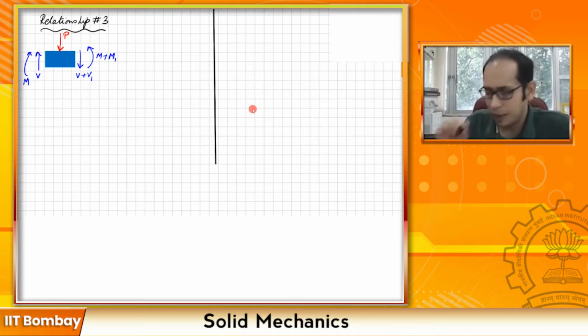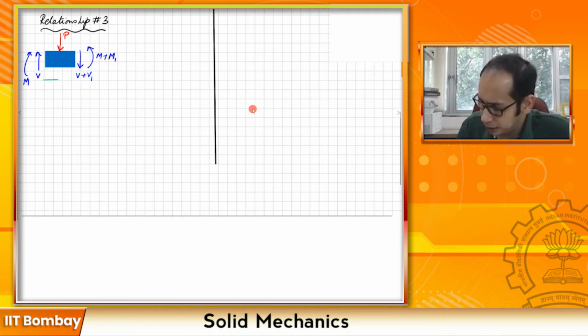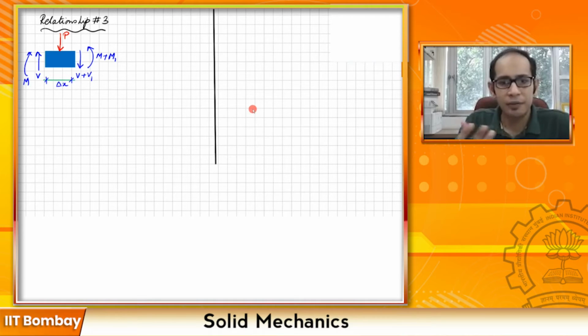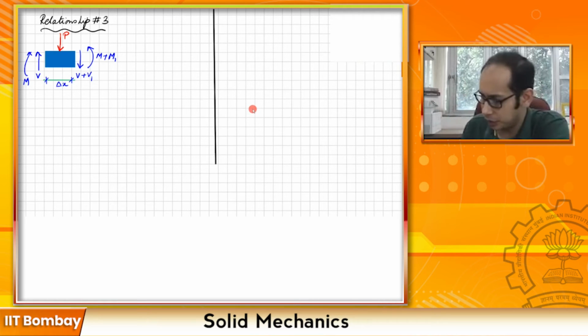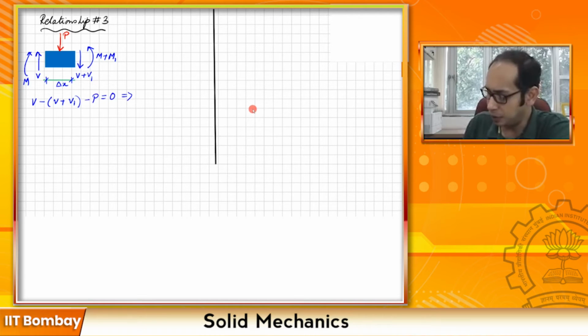And the length of the element still stays the same, it is still my delta X. Now if I write the equilibrium of just the vertical forces, what you will get is V minus V plus V1 minus P is equal to 0, which tells you that your V1 becomes equal to minus P.